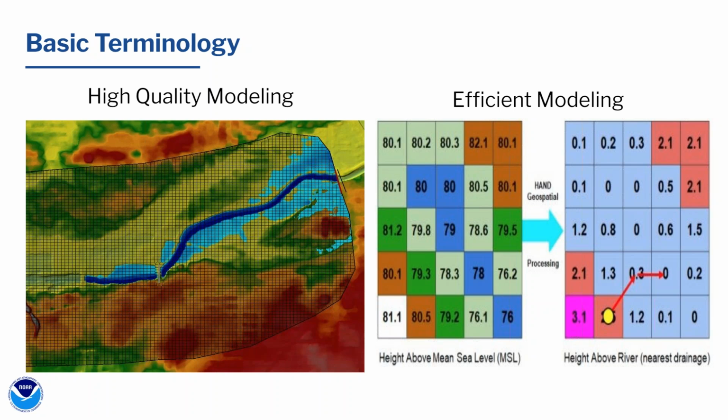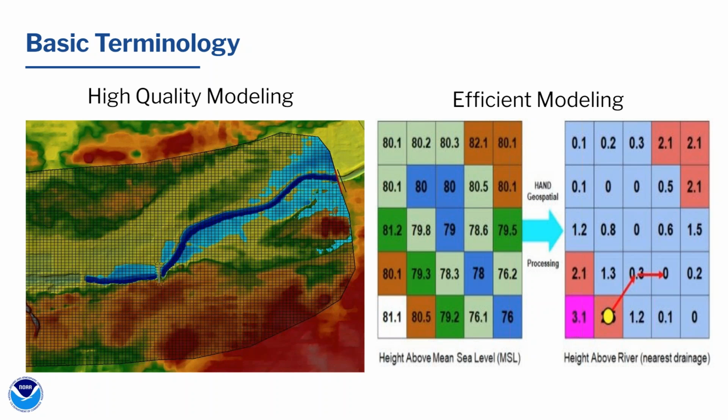Now, the efficient modeling maps are more widespread. They are a little less accurate because they're using more assumptions, or they're not using as strenuous of a QA/QC process to account for, say, elevated roads or bridges. They may or may not account for levees. It really just depends. But they're making assumptions so that they can run more efficiently and be more widely available.